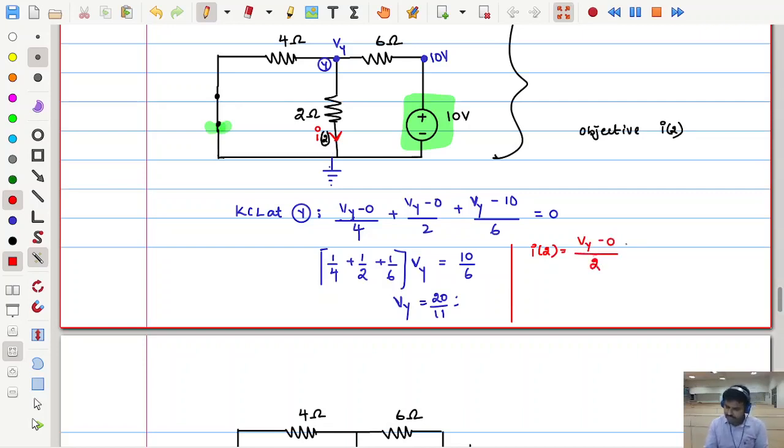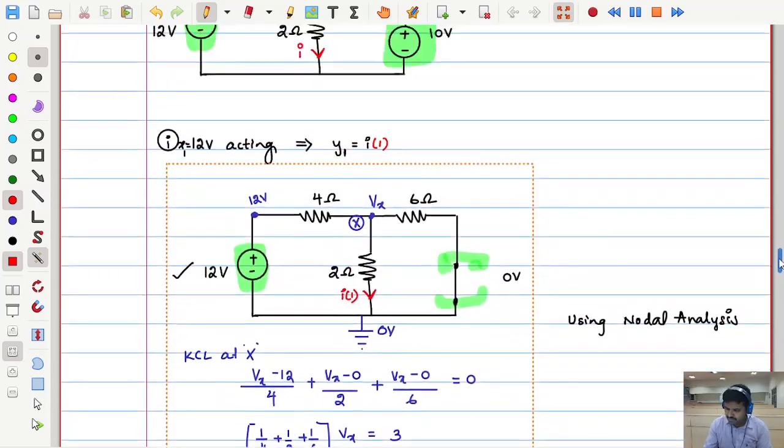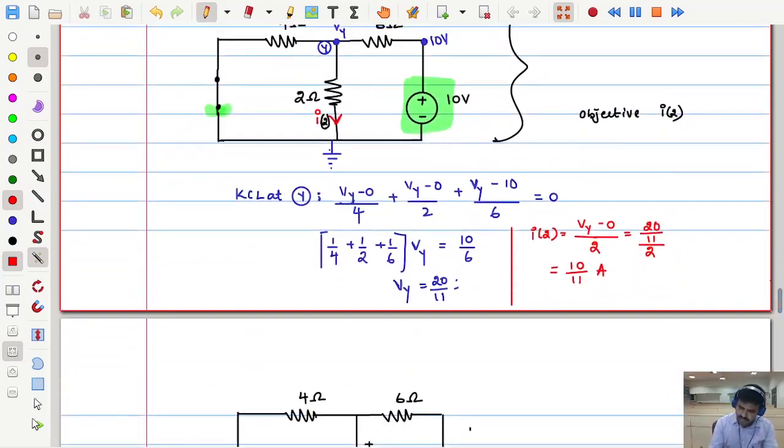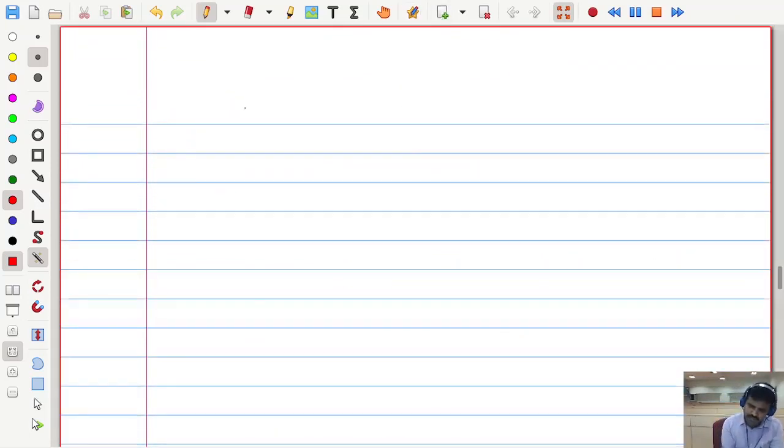So how much will we get? 20 by 11 by 2 is 10 by 11 amperes. Previously how much did we get? 18 by 11 amperes.